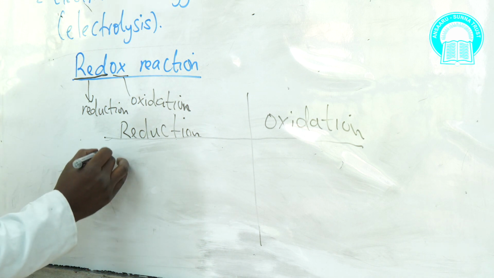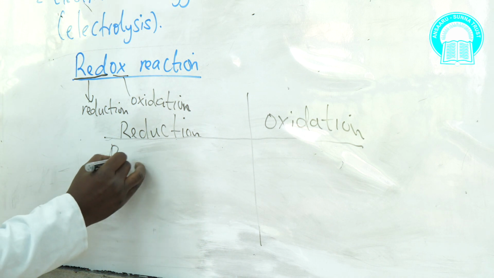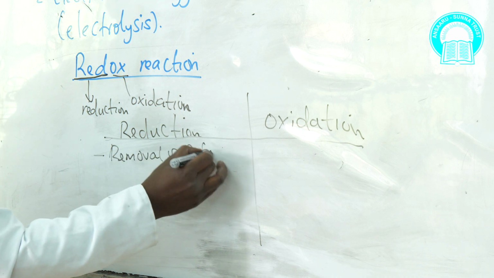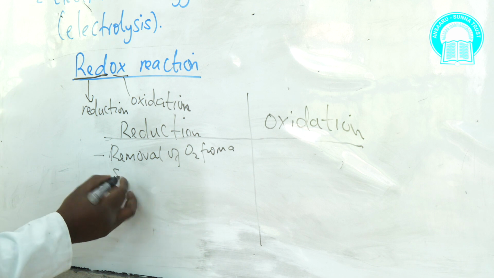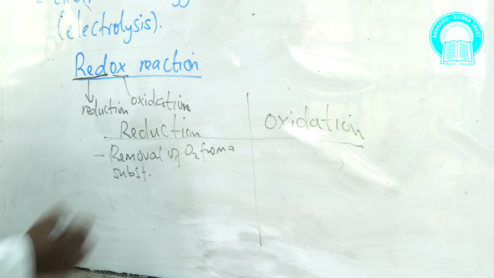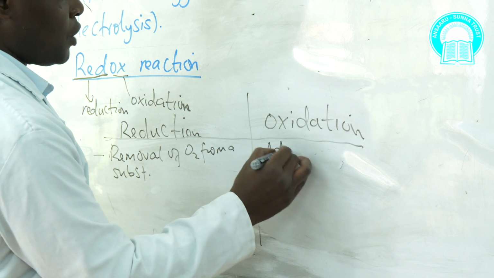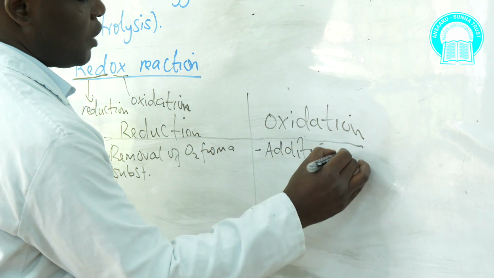Reduction is defined as the removal of oxygen from a substance. The addition of oxygen to a substance is oxidation.